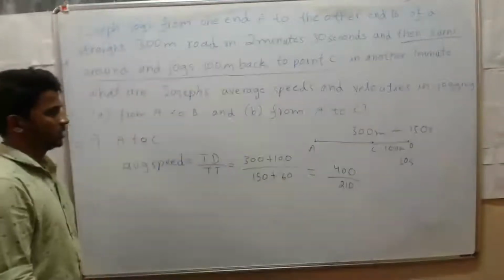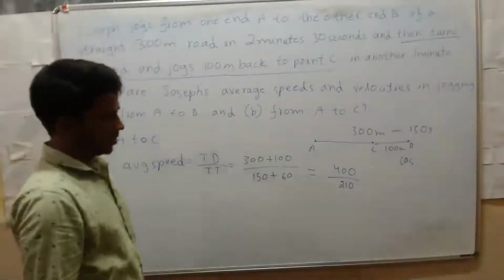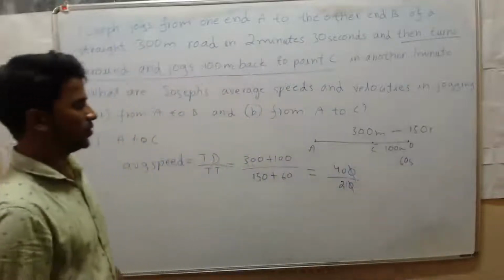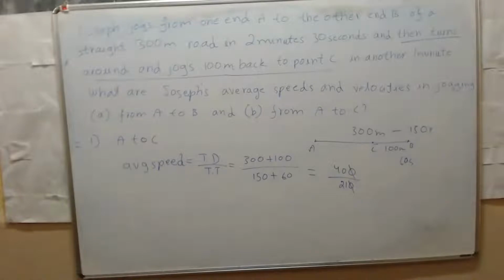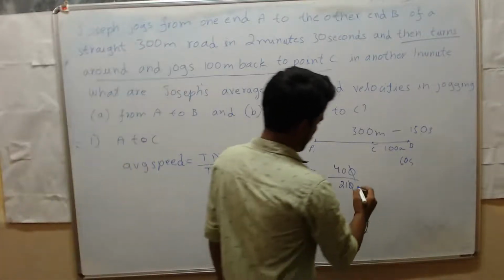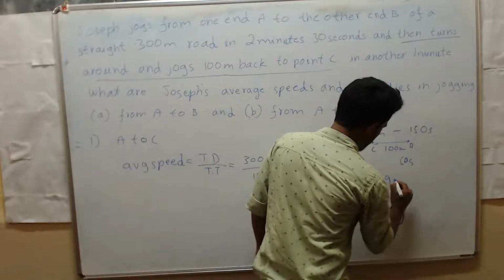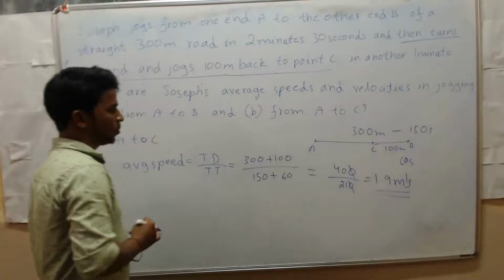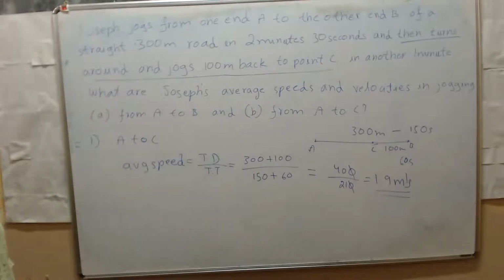The zeros get cancelled, just divide 40 by 21. What is the answer? 40 divided by 21 is 1.9. I write down directly 1.9 meter per second.